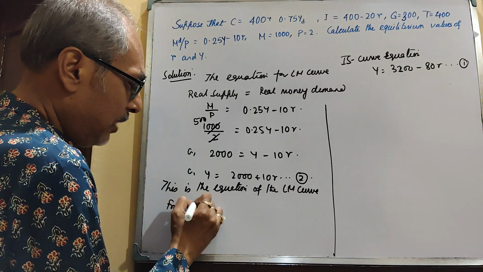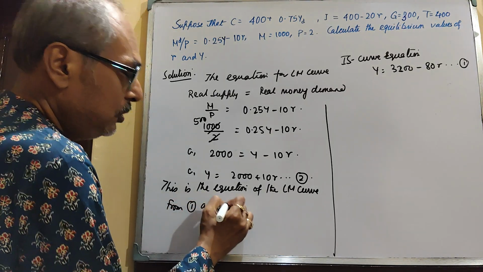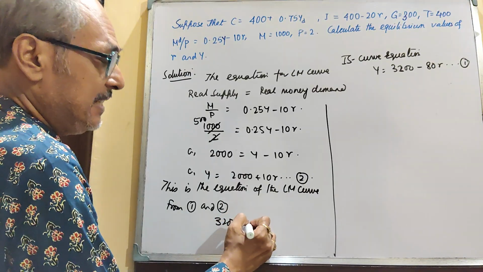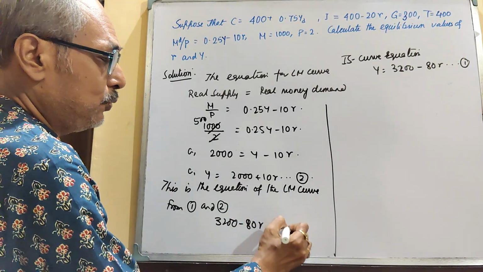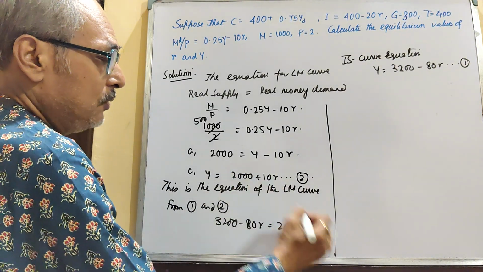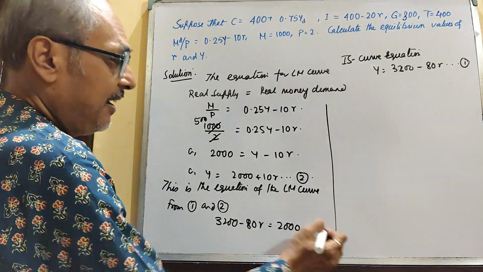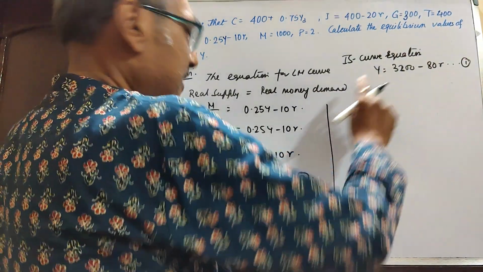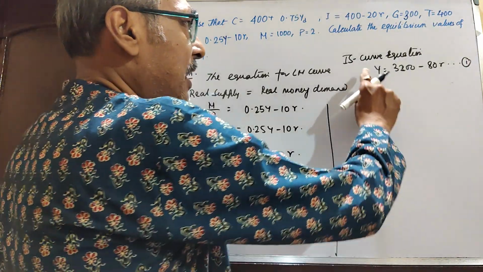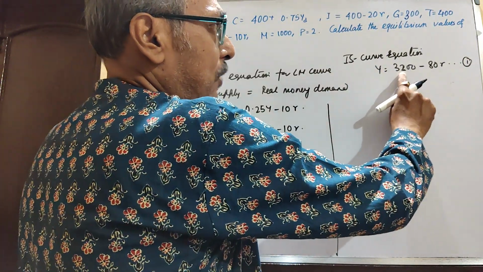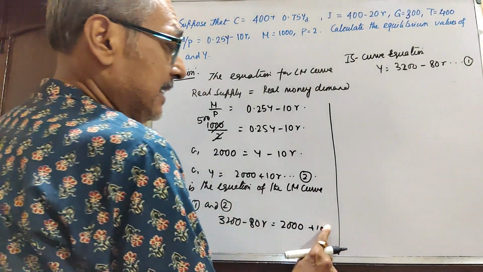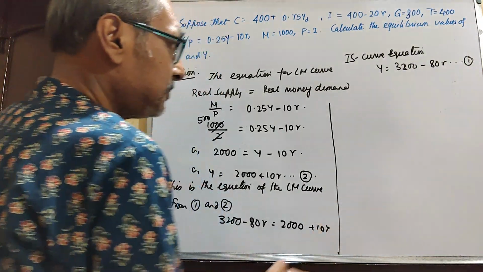From 1 and 2 we get 3200 minus 80r equals 2000 plus 40r, because Y equals 2000 plus 40r from the LM curve equation, and from the IS curve equation Y equals 3200 minus 80r.